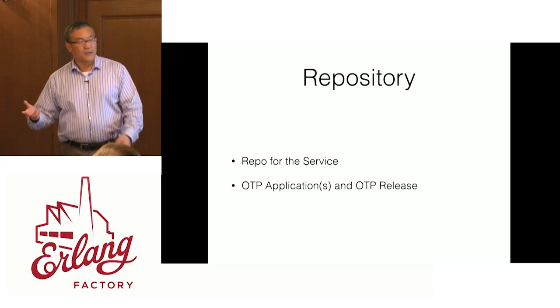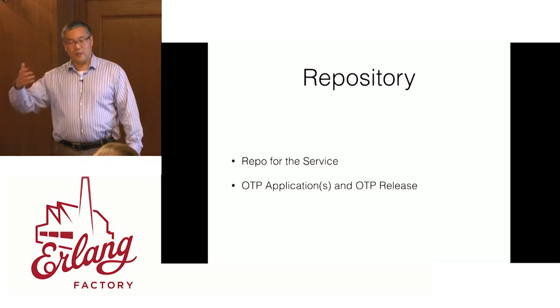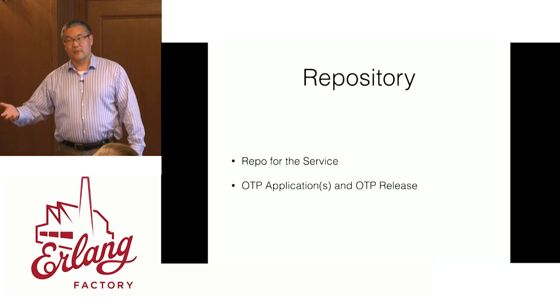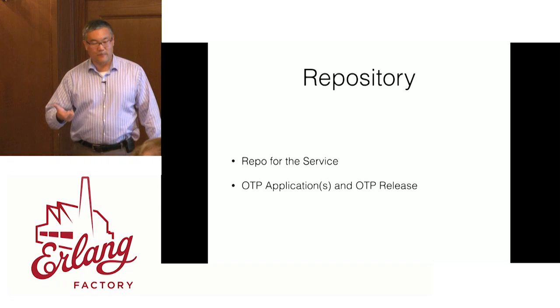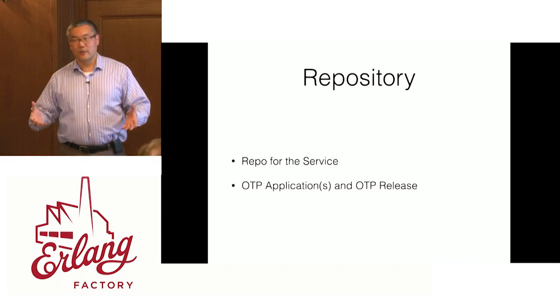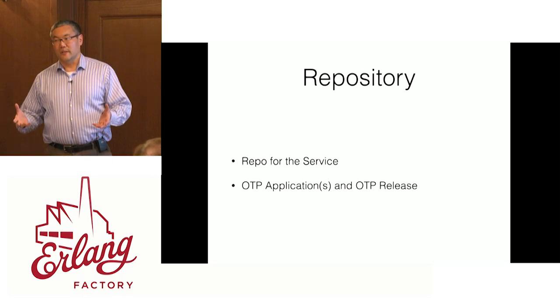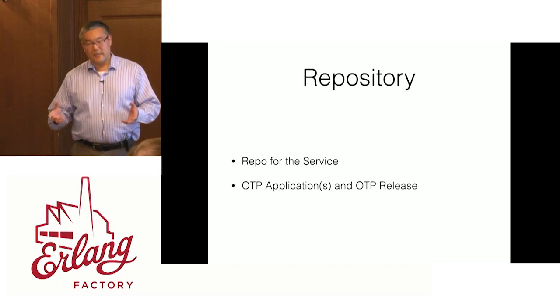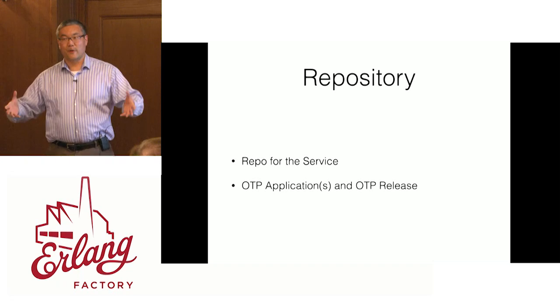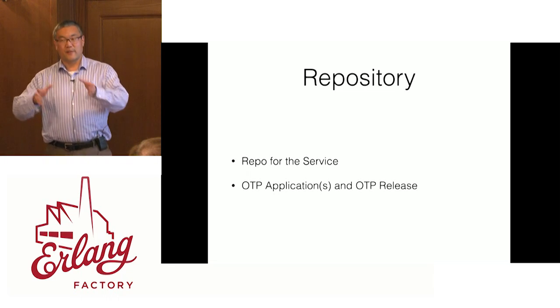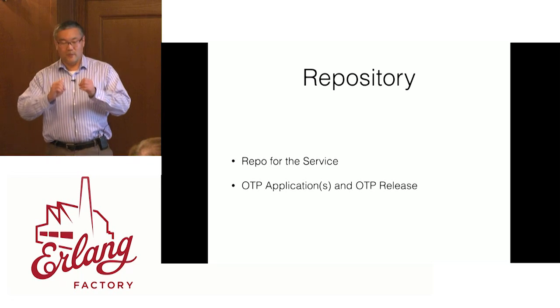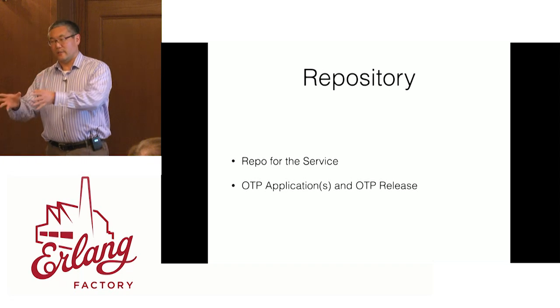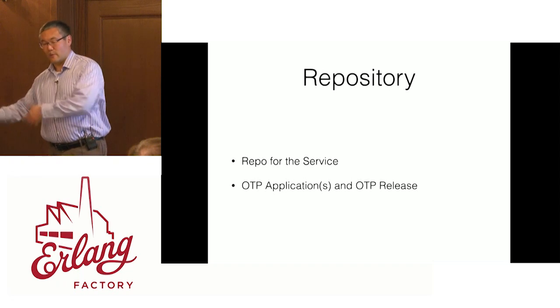But then you'll also have a release directory, or at least configure the release in that same repository, for creating the node that will run that application. The upside of this is that you've got this one thing that has your code and the way to run it, and you can just build in one place and pick up the release and deploy it.